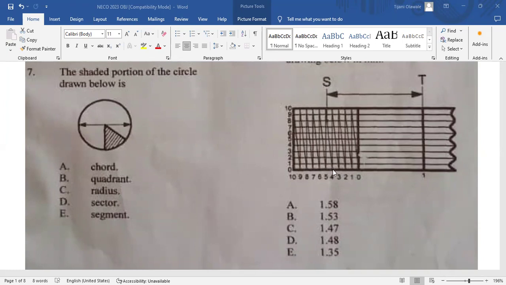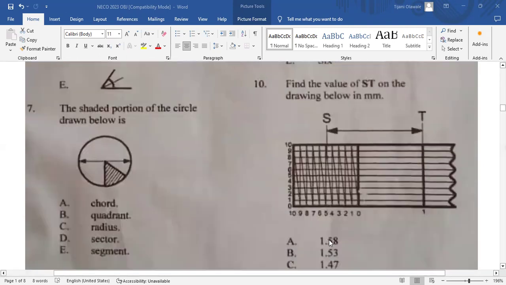Then we count 1.41, 1.42, 1.43, 1.44, 1.45, 1.46, 1.47, 1.48. So 1.48, we have it here as option D. This is the answer to question 10.